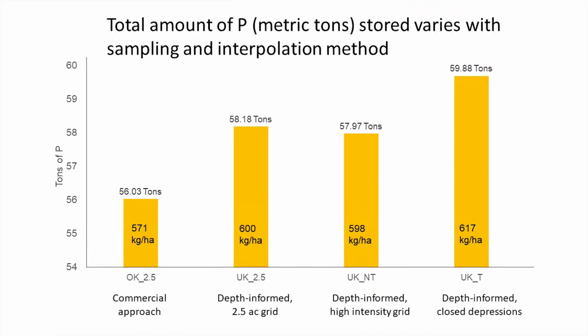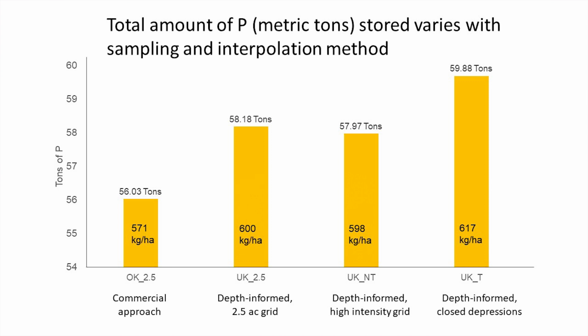Okay, so let's see, what does this mean when we summarize all the information across these different sampling approaches and these different interpolations? Well, we get a much different estimate of the total amount of P in metric tons being stored in the same field with these different sampling interpolation methods.